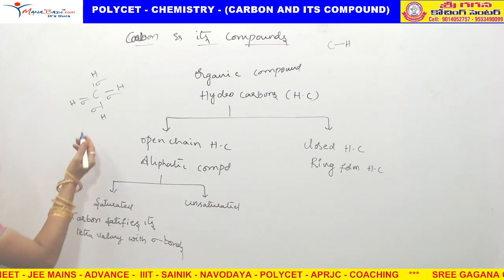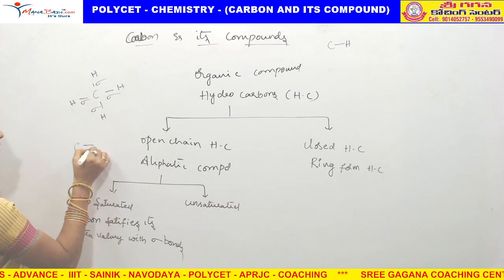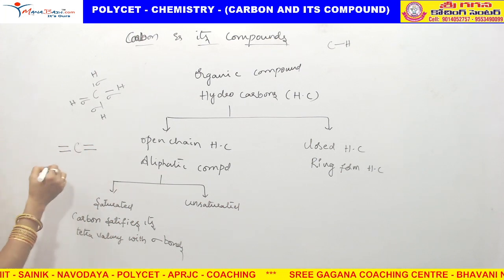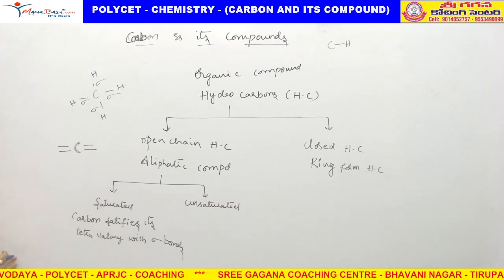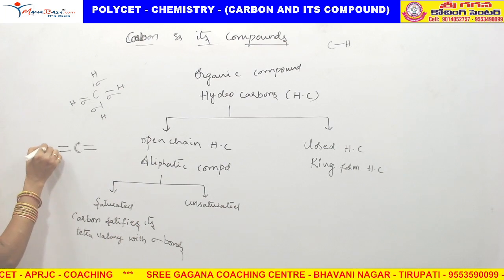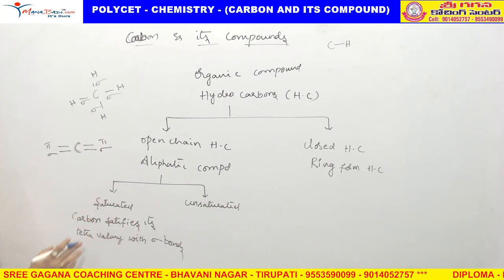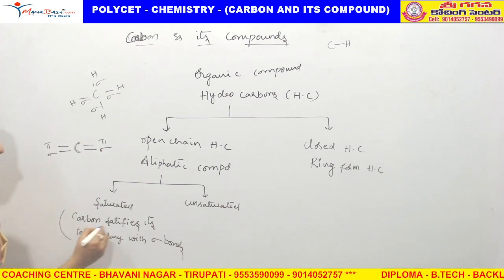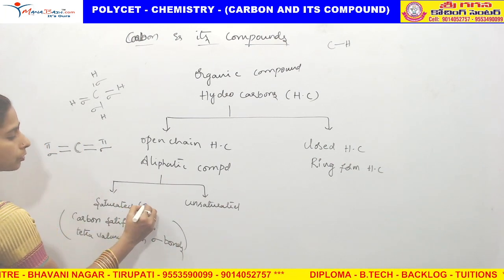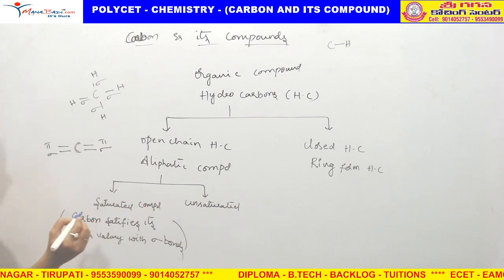You may think that when 4 valency is satisfied here, it is also satisfied there. No, 4 bonds are forming, but here one is sigma, one is pi. Not like that. All should be sigma bonds. That is called saturated compounds.